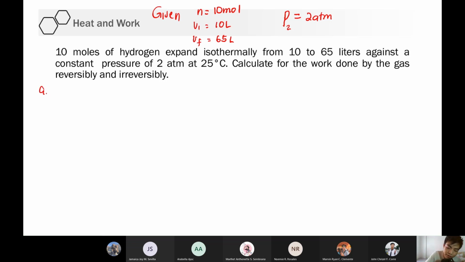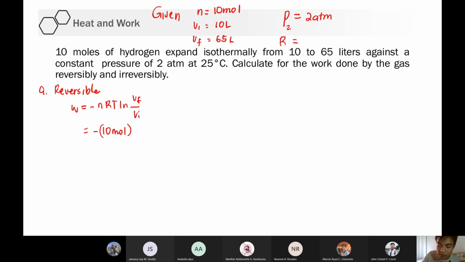Number 1, reversible. Kapag reversible tayo, this is expansion. So the work is negative nRT ln Vf over Vi. So mole is 10 mole. R is the gas constant.